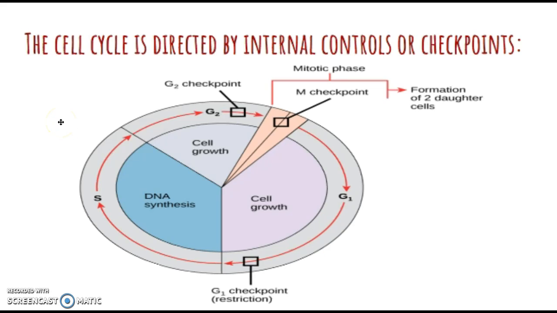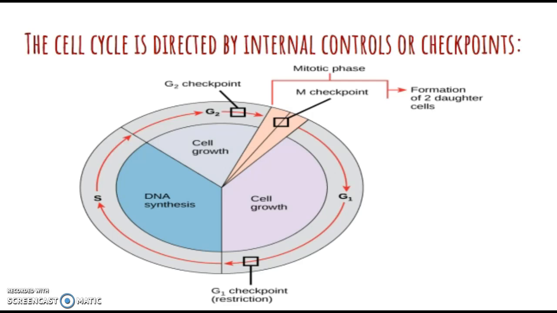During cell cycle checkpoints, a cell passes the G1 checkpoint as it enters the S phase of the cell cycle. During the S phase, DNA replication occurs. Then, after DNA replication, the cell leaves the S phase and enters the G2 checkpoint.